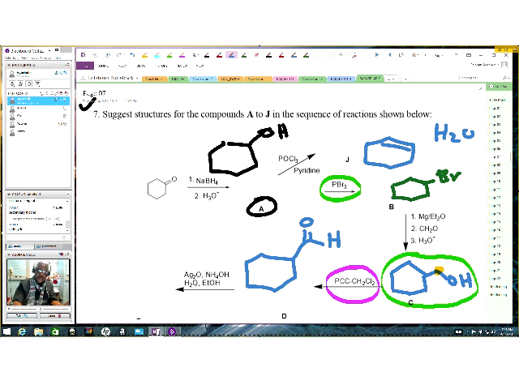And that is compound D right here. Now, they want to take compound D, which is our aldehyde, and react with silver oxide in the presence of ammonium hydroxide. What do you think you are going to get?